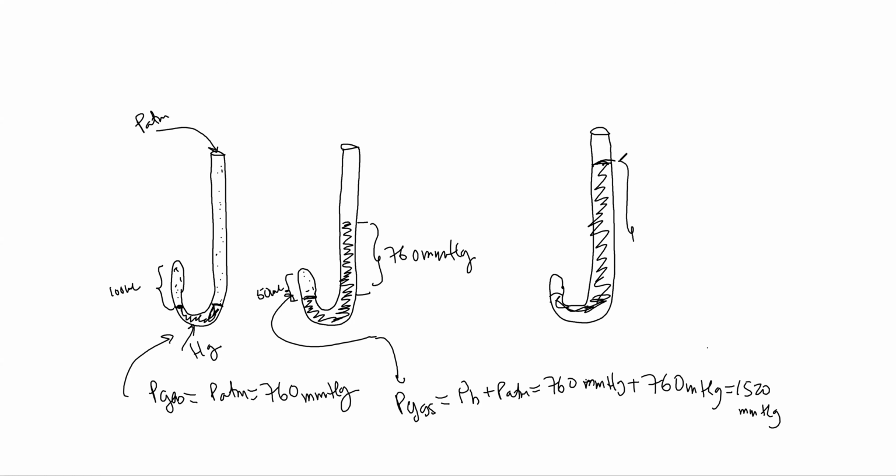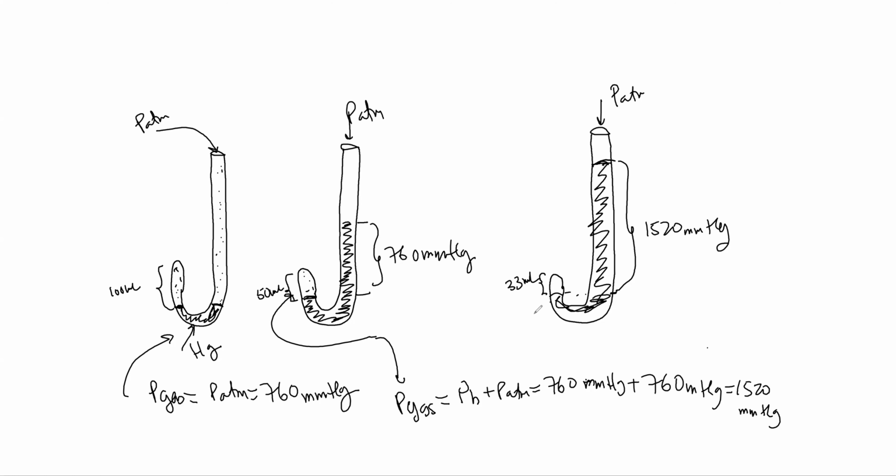So this whole thing now is 1520 millimeters of mercury, the column of the mercury. But don't forget, there is also P atmospheric. It's open, guys, to the atmosphere. So it's another 760. So he tripled the pressure, guys.